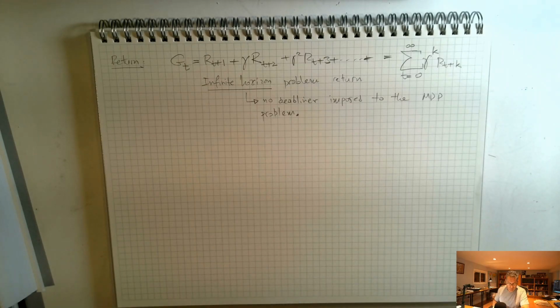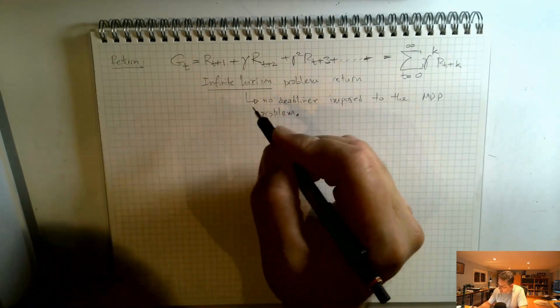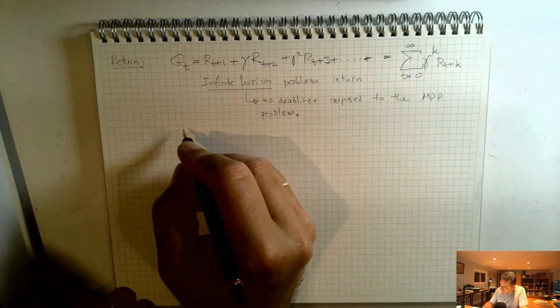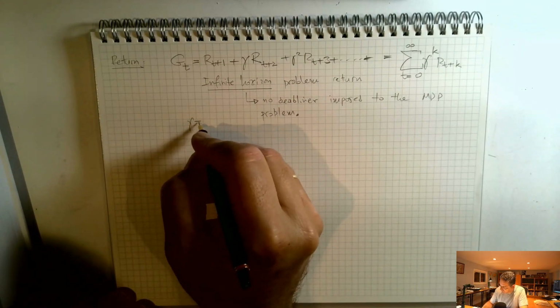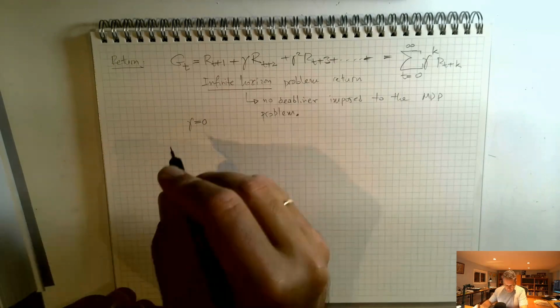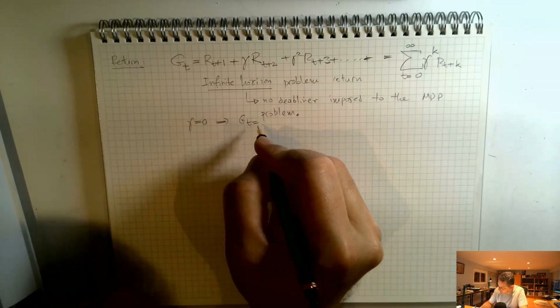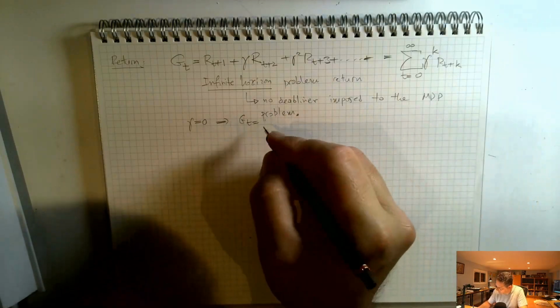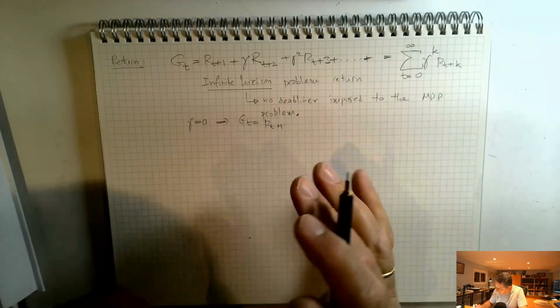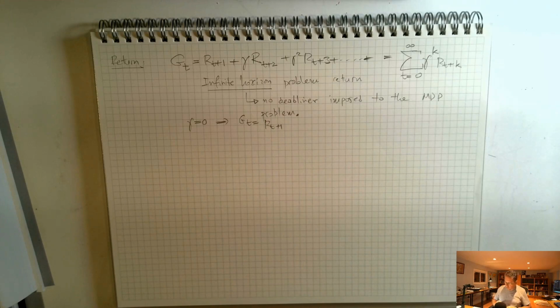So that is an example from real life of something that has a deadline, and how this affects the strategy. With respect to the discount factor, when gamma is equal to 0, then effectively G_t is equal to R_{t+1}, so we have absolutely no incentive to look beyond the immediate reward as far as the agent is concerned.